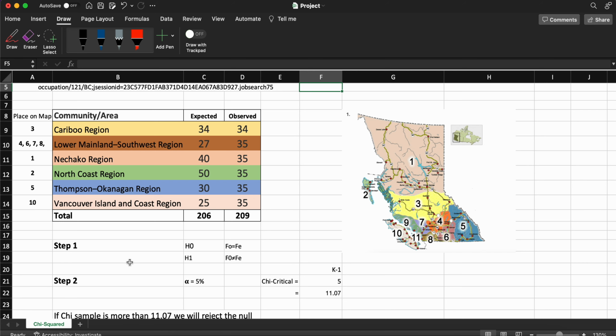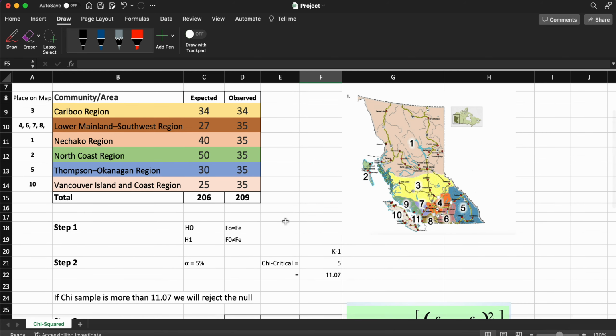So step 1 is you want to state the null hypothesis, whereas observed frequencies equal expected frequencies. The alternative hypothesis is observed frequencies do not equal expected frequencies.